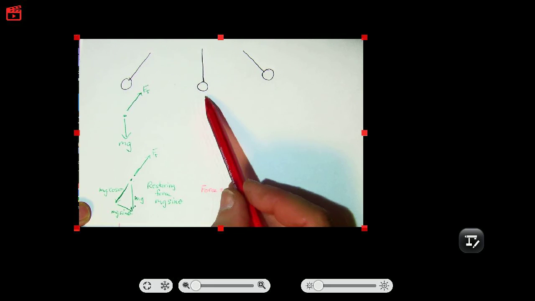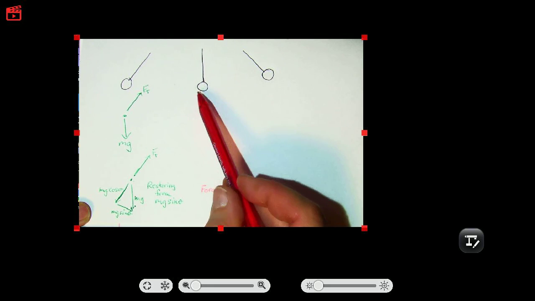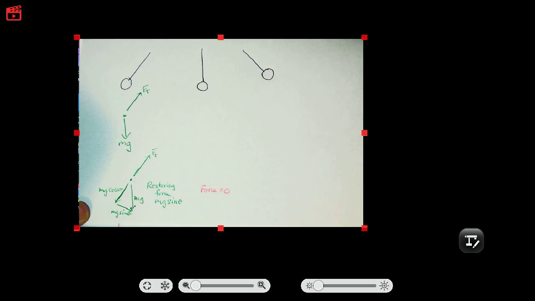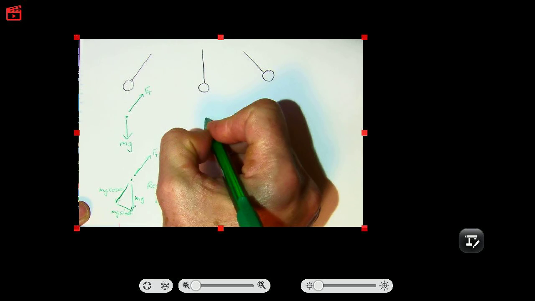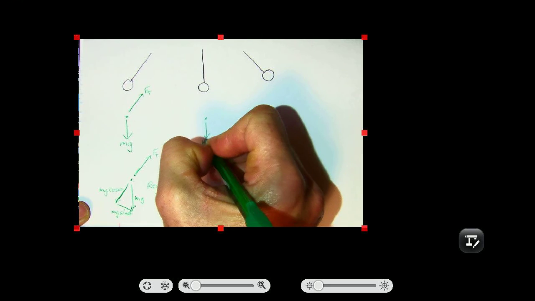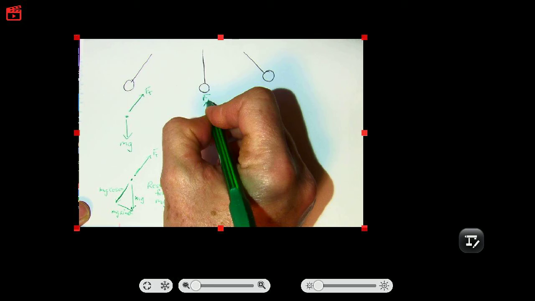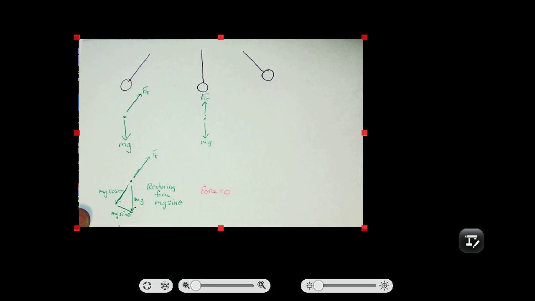Gravity's pulling straight down. It's equal to our force of tension. So our free body diagram right here looks like this. Our restoring force is 0.